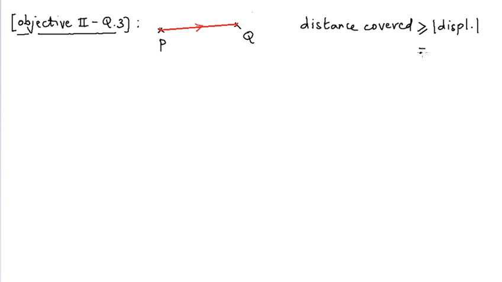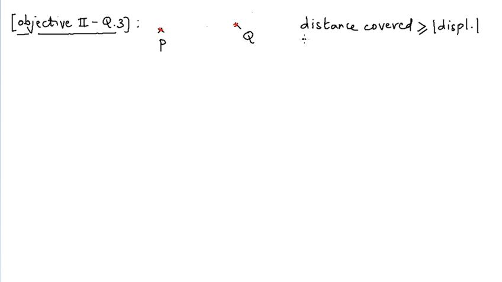So in that case you get an equal to sign, which is covered in this general inequality greater than or equal to sign. So the general rule seems to be, whenever a particle moves, or even in case it doesn't move, the distance covered by the particle will always be greater than or equal to the magnitude of its displacement.